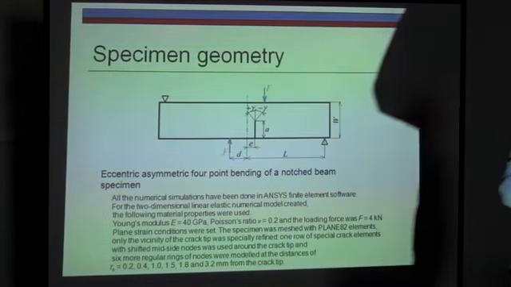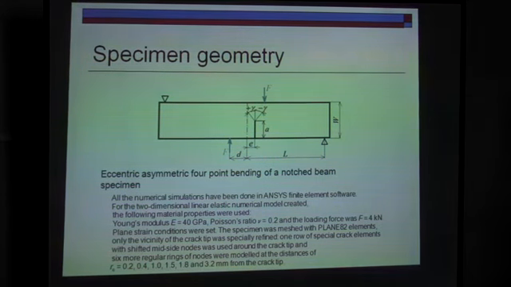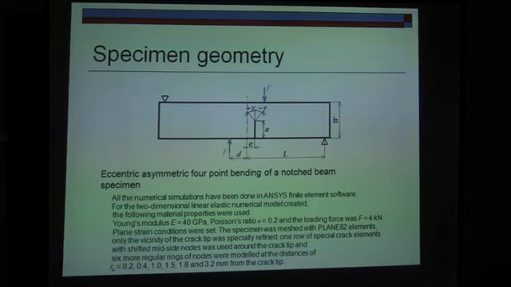The numerical study was performed in finite element software, and we use Young's modulus of 40 gigapascals, Poisson's ratio 0.2, and the force which we use for the load is always 4 kilonewtons.